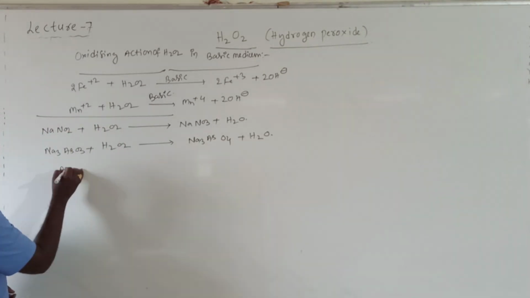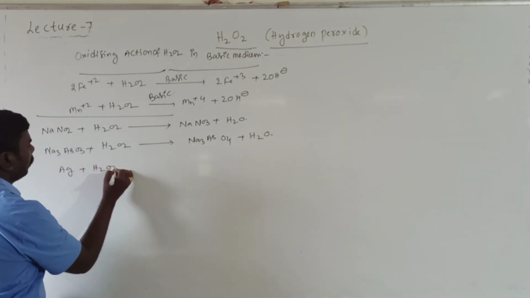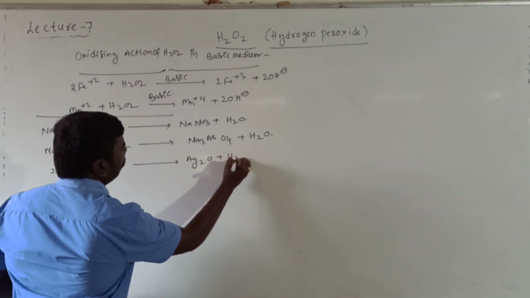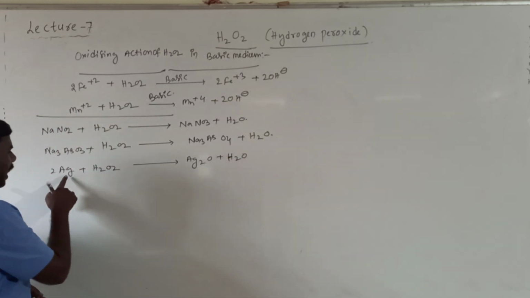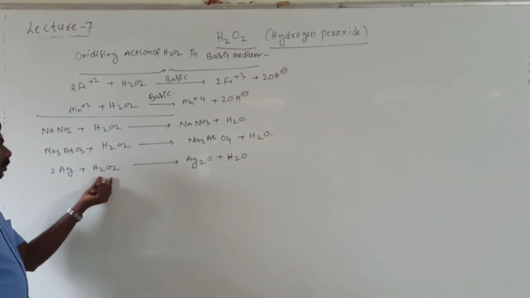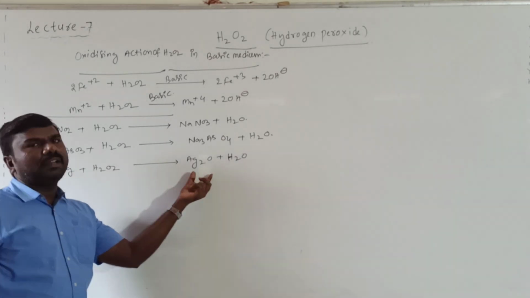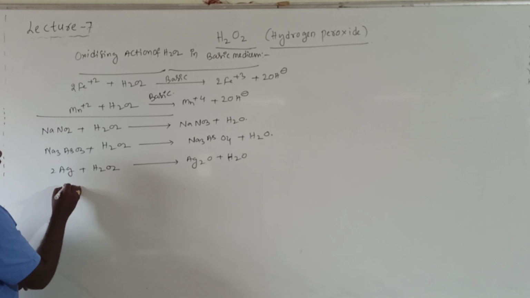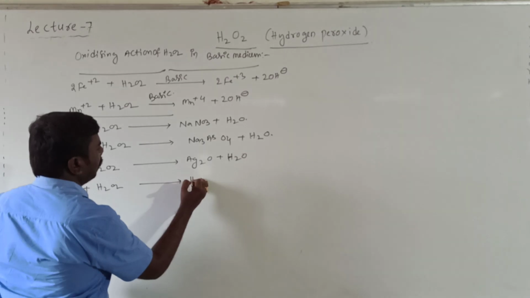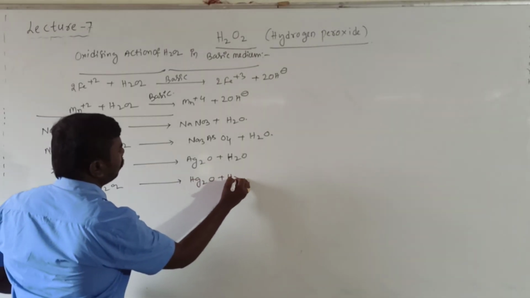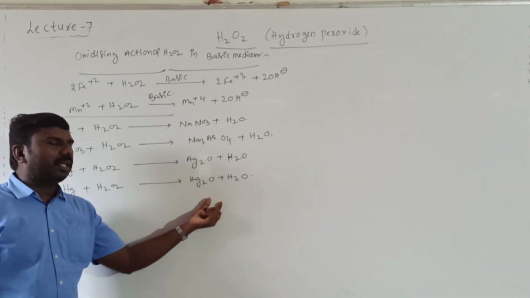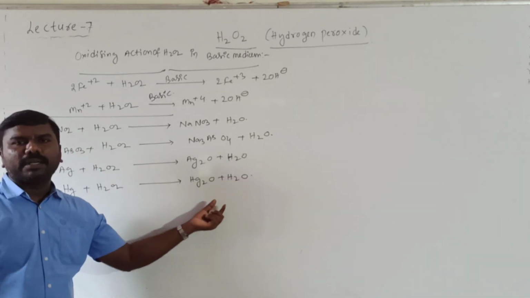Next, 2Ag plus H2O2 gives Ag2O plus H2O. One oxygen added to 2Ag, Ag2O plus H2O. H2O2 oxidizes silver to silver oxide. Next, Hg plus H2O2 gives Hg2O plus H2O, mercury to mercury oxide.